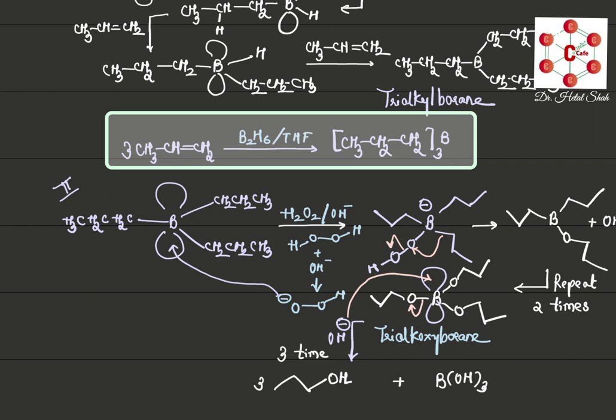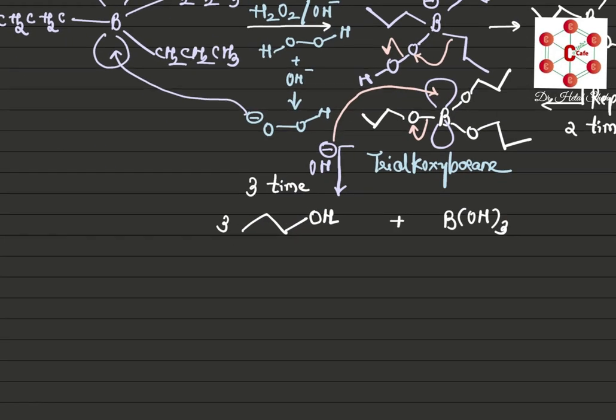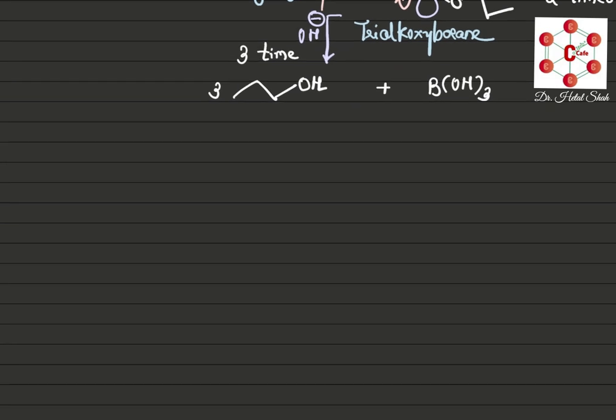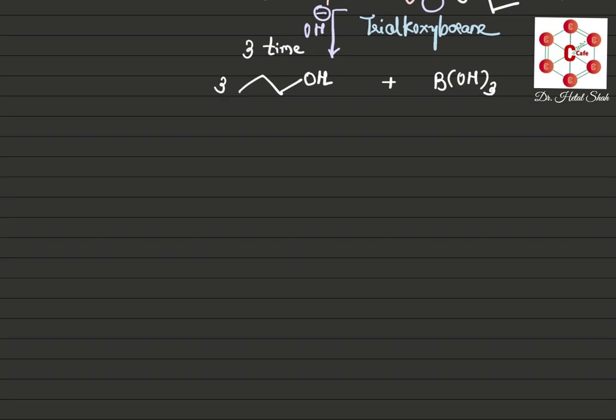Hydroboration is this. Now what is oxidation? So pay attention. I'm going to talk about oxidation. So finally, what do you get in the end? So here you say oxidation. It's CH3, CH2, CH2. This is 3 times with boron, right? And we will be using H2O2 with OH minus.